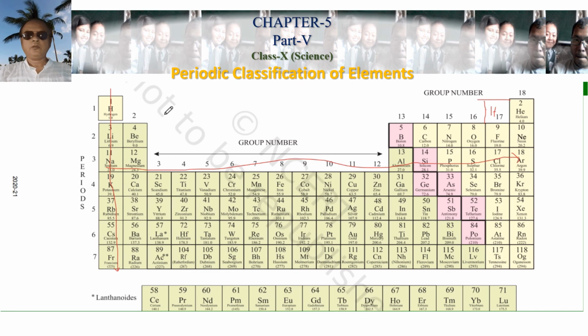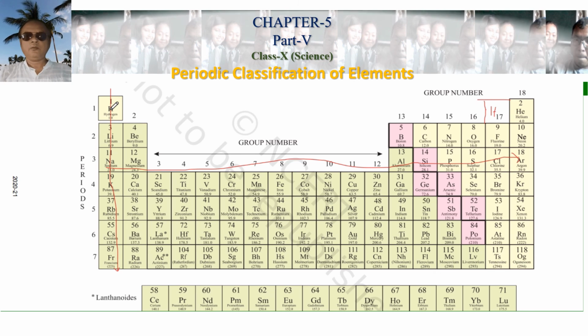Metallic character increases when we go down the group. Here sodium is more metallic than magnesium, and magnesium is more metallic than carbon.